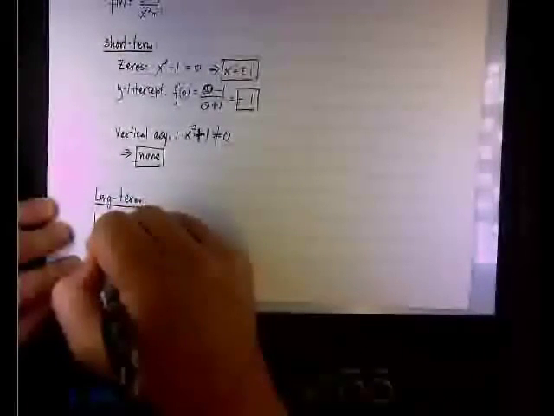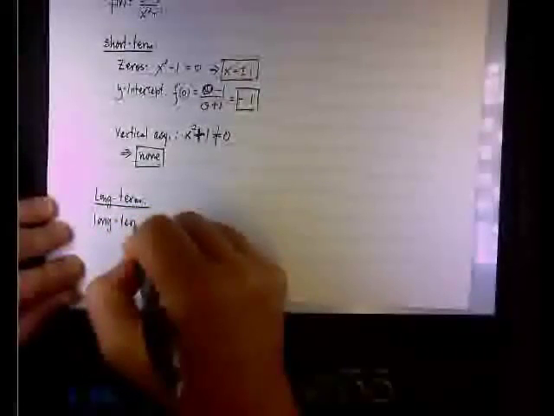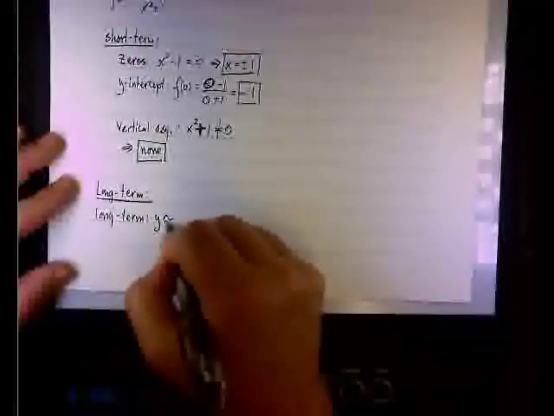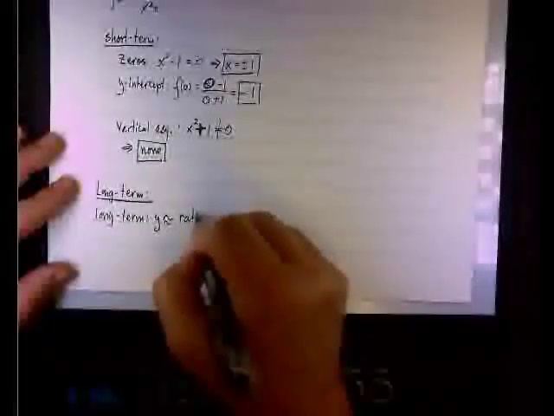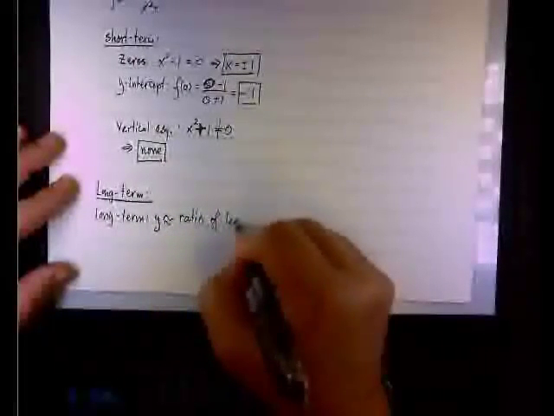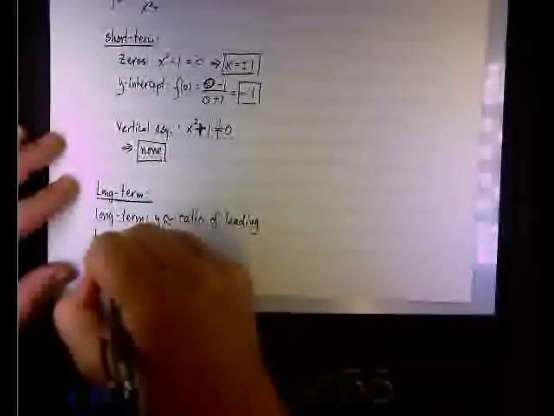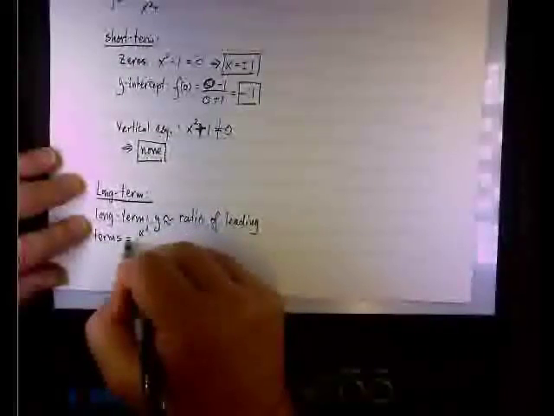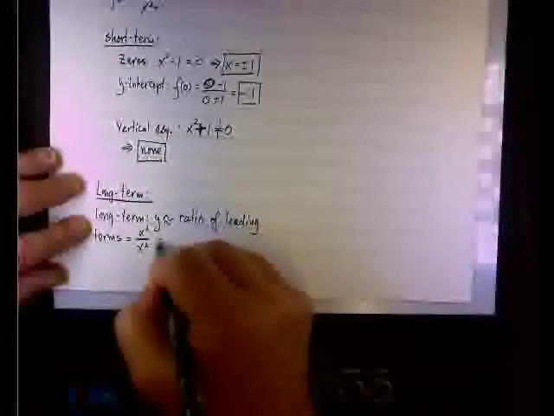So you know from pre-calculus that the long-term behavior of the function, y, is approximated by the ratio of leading terms. And the leading terms, if x squared minus 1 and x squared plus 1 are polynomials respectively, then we are looking at x squared divided by x squared, so it's 1.